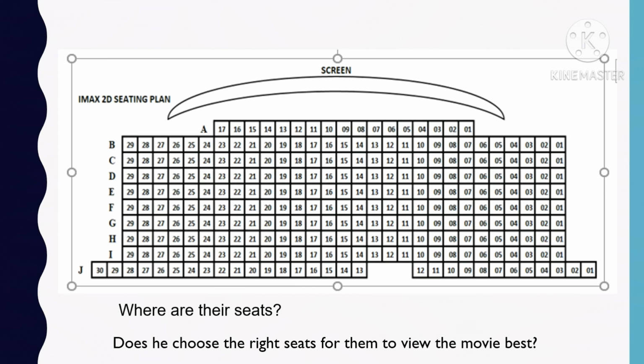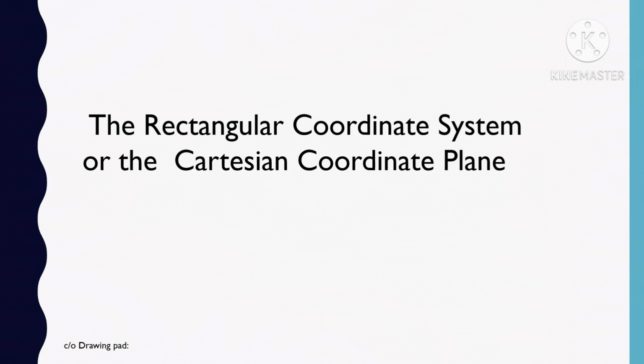Where are their seats? Well, if you locate it here, then you're correct. Of course, you know that the best movie seat is at the center of the theater. We can attribute the skill in finding the location effectively by using the concept of rectangular coordinate system or the Cartesian coordinate plane.